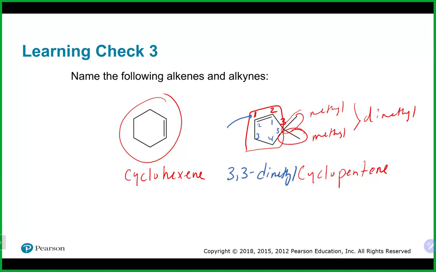You don't need a dash between the di and the methyl, if that's what you're asking. The dash is really used between a number and a letter, or if you're going the opposite way, from a letter to a number. The comma is only used between back-to-back numbers.